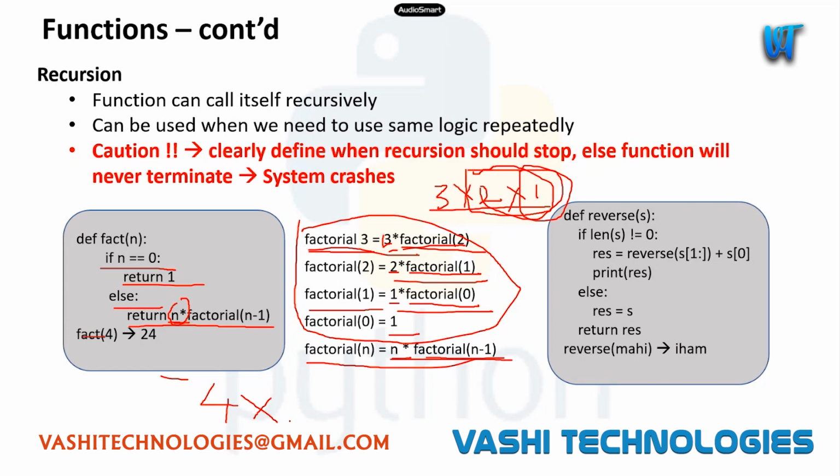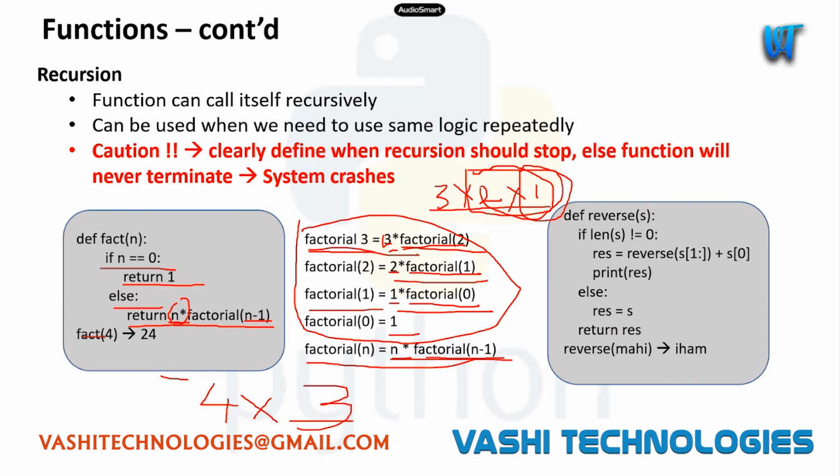And in the second iteration, again, we are passing 3 as an argument to the factorial function. Not that we are passing it, it is passing itself. It is calling itself with a different value. Now it is calling 3.